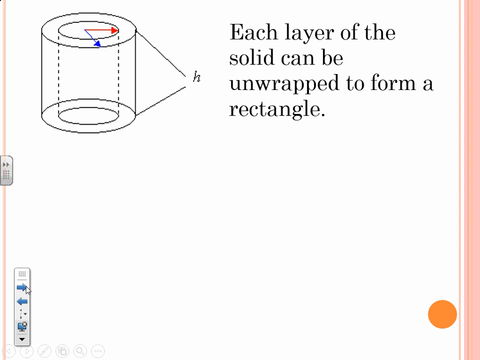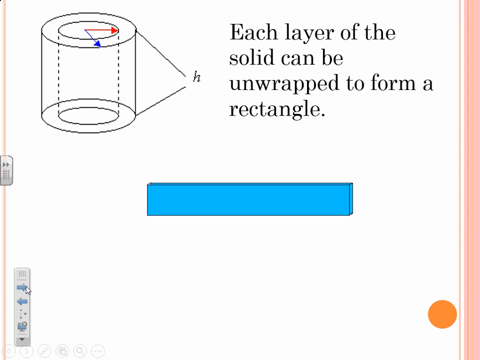Okay, so let's talk about that shape right there. We're going to unwrap it, and it's basically this big rectangle, right? So let's think about the dimensions of this rectangle. If I took this and I unwrapped it from this cylinder, what is this measurement right here? It'd be the circumference, because that is what was wrapped around the circular base.